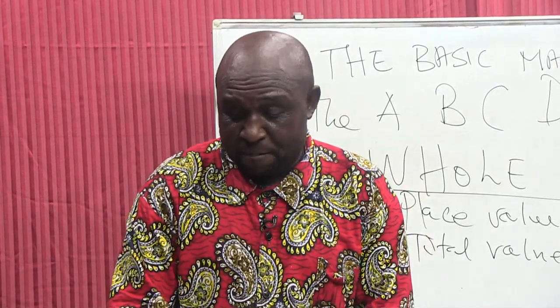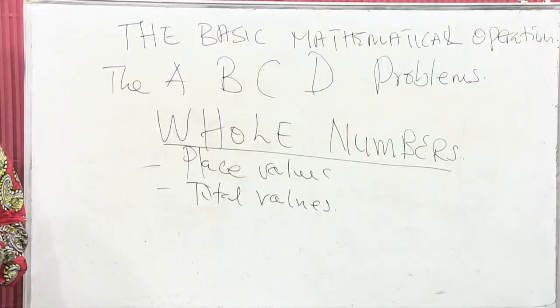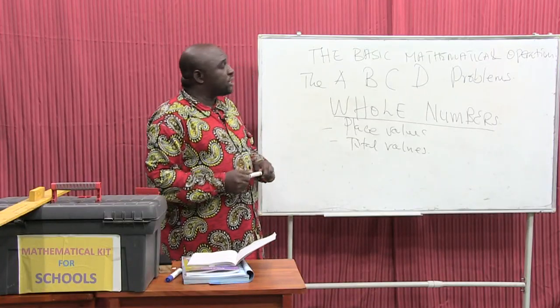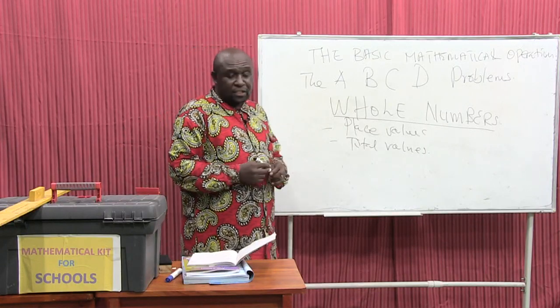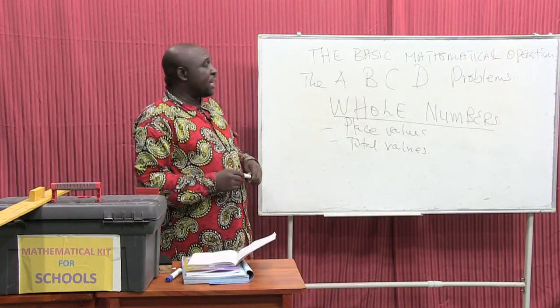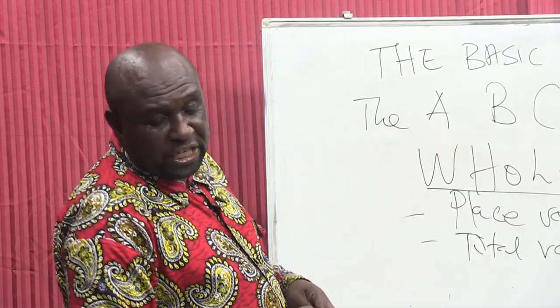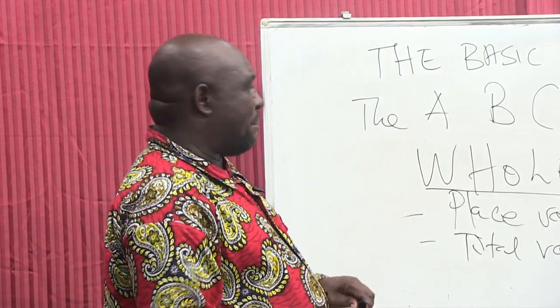I remember you know what the place values are. Place values are the positional values, or the position of digits in the number. And the total values are the quality values, or the quality of each digit in the particular number.